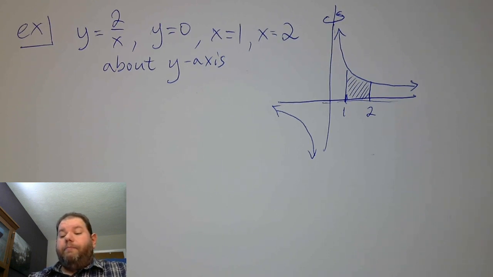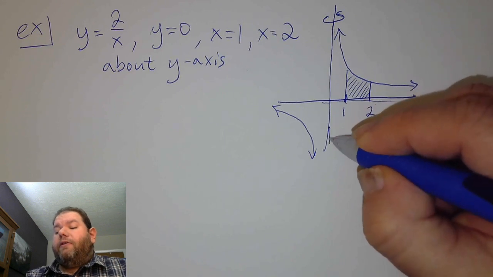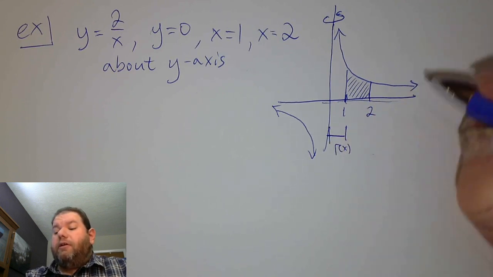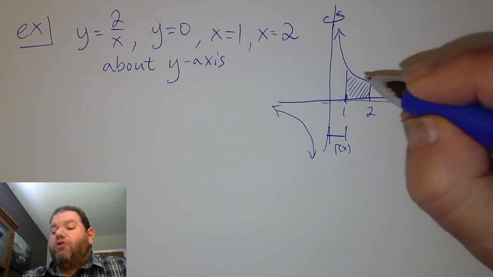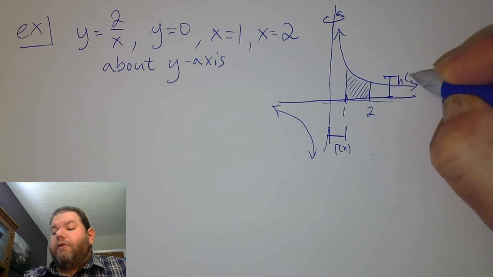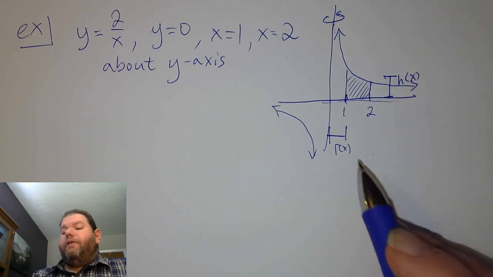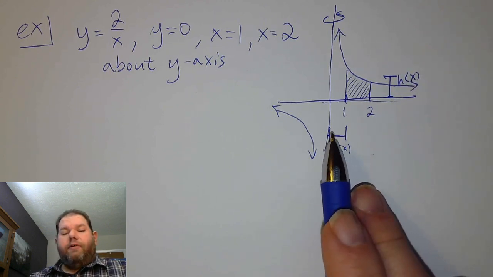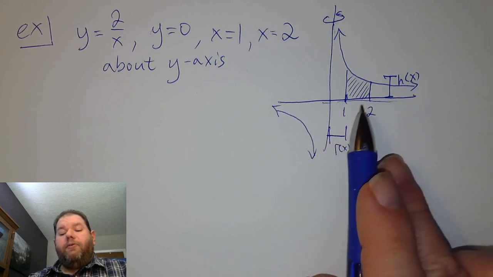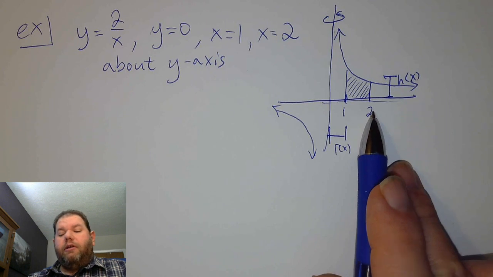Now, we said that r of x and h of x are these different components. R of x is the distance from the axis of revolution to each of these x variables from 1 to 2.